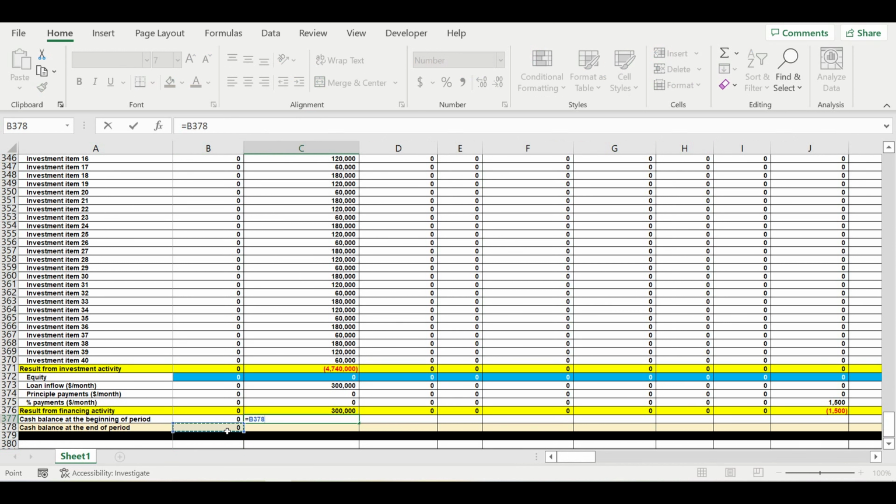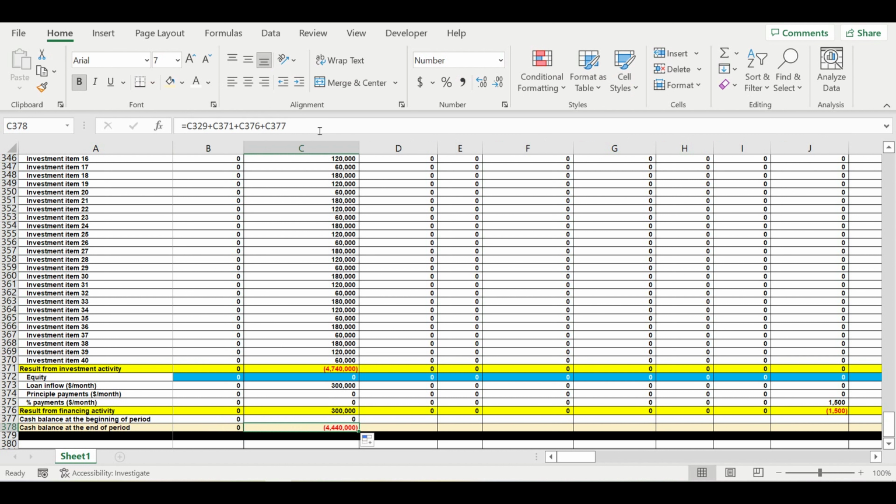Then we put equals and put this value here. So cash balance at the end of the period will be starting cash balance on the next month, on the next step of projections. In our case it is month, because we're doing our financial model monthly. Then we extrapolate this formula to the right.